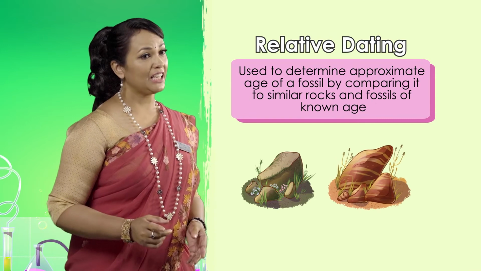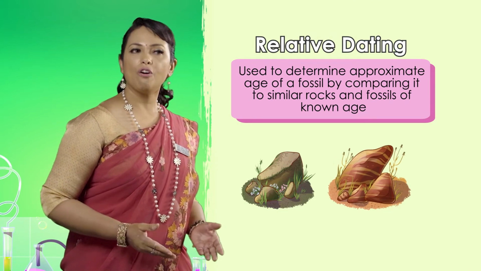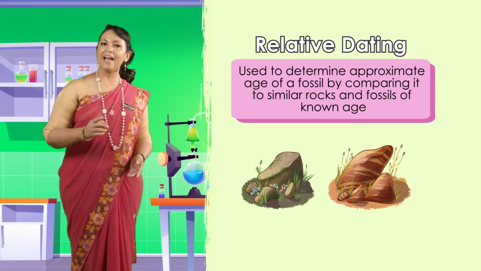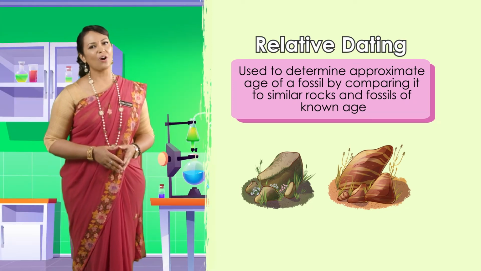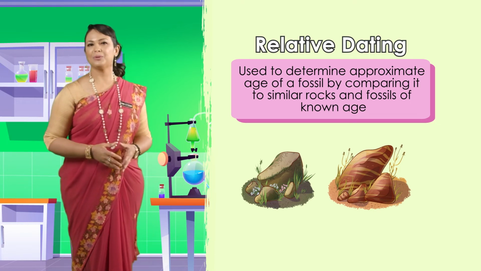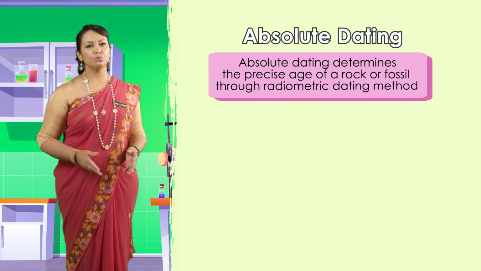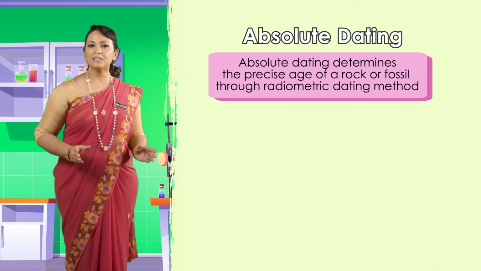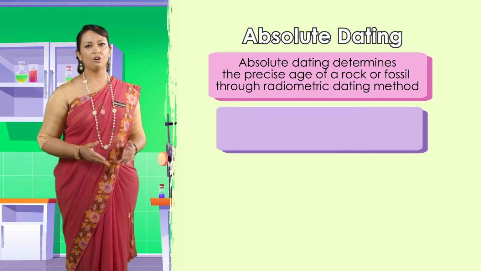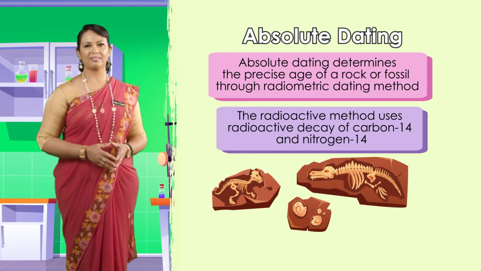Relative dating is used to determine the approximate age of a fossil by comparing it to similar rocks and fossils whose age we already know. Meanwhile, absolute dating is used to determine the precise age of a rock or fossil through the radiometric dating method.